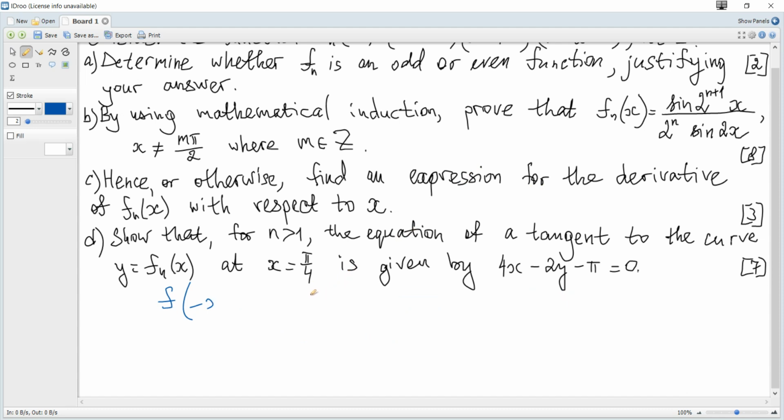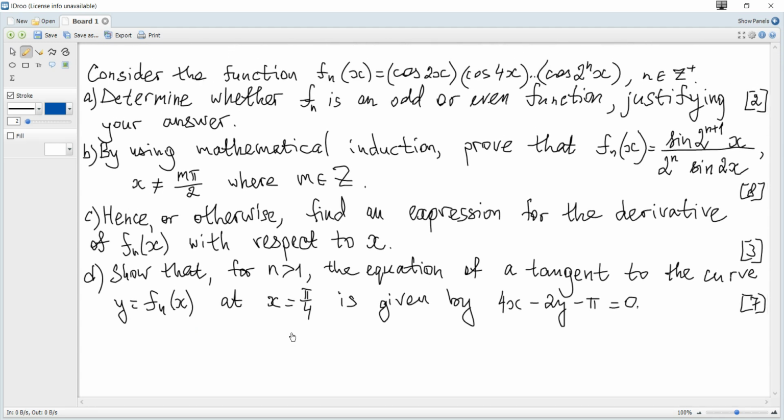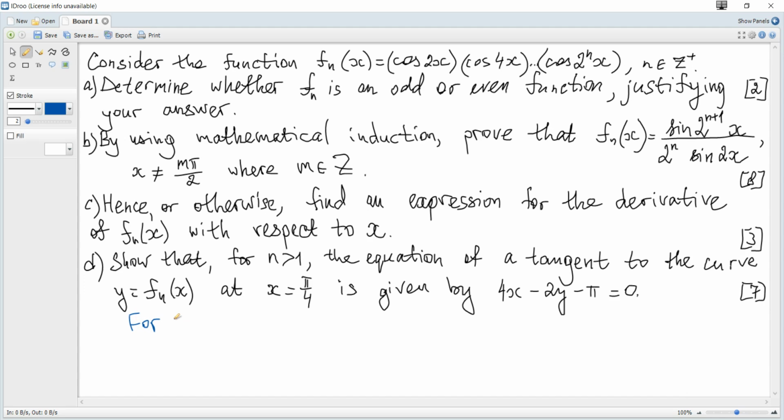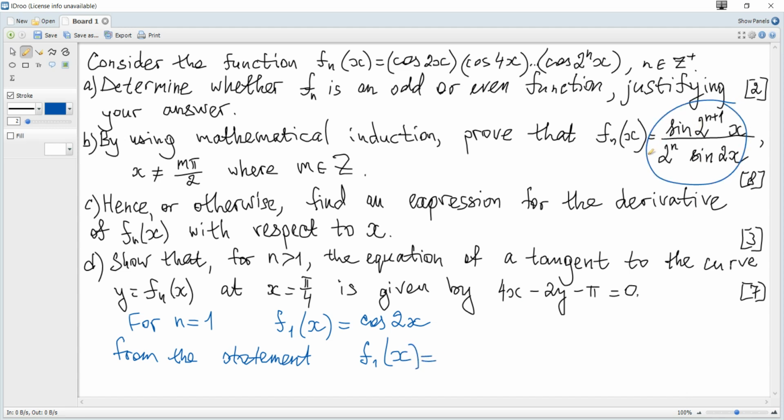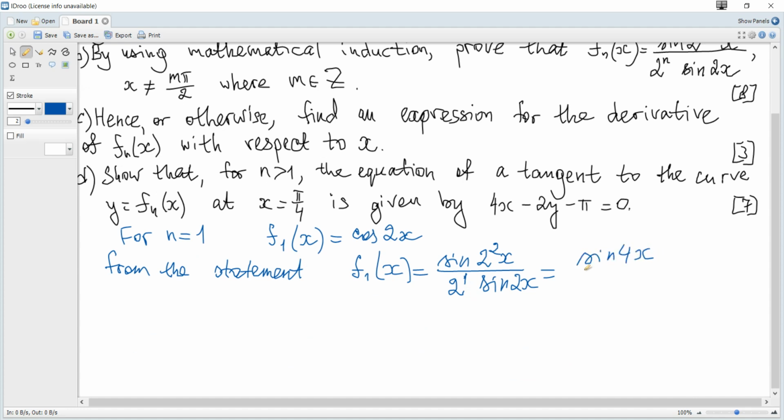Since n is a positive integer, the first possible value of n is 1, so let's consider n is 1. f_1 of x becomes, from the general term, just cosine of 2x, and from the statement, substituting 1 for n, we get sine of 2 squared x over 2 to the power 1 sine of 2x, and it is equal to sine of 4x over 2 sine of 2x.